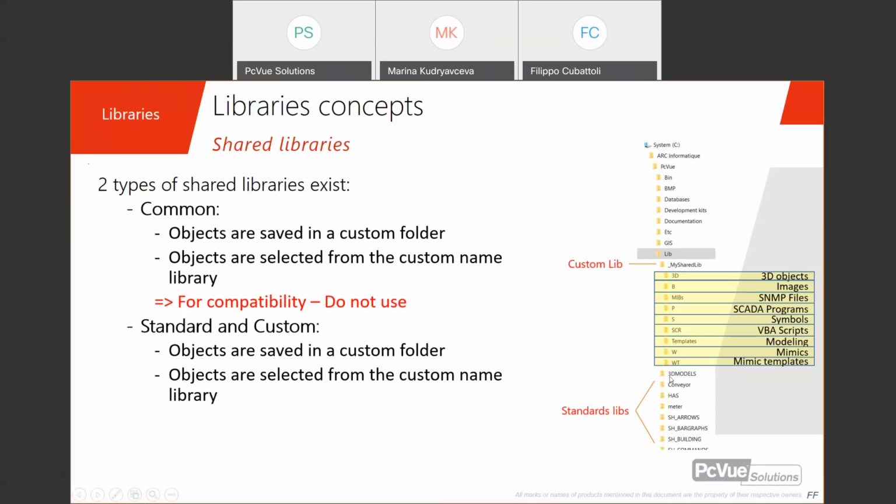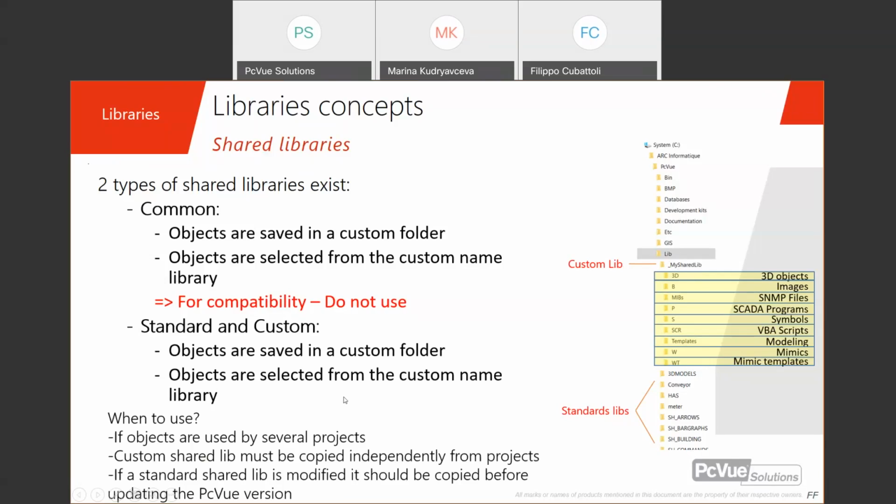And then you have all the standard libs that I showed just previously here. But it's also possible to create your own shared libraries. Then you will have custom libraries and a specific folder here with all the folders containing the various objects. Filippo will show you that right after.